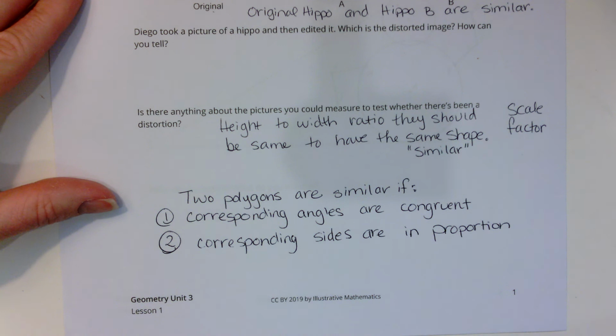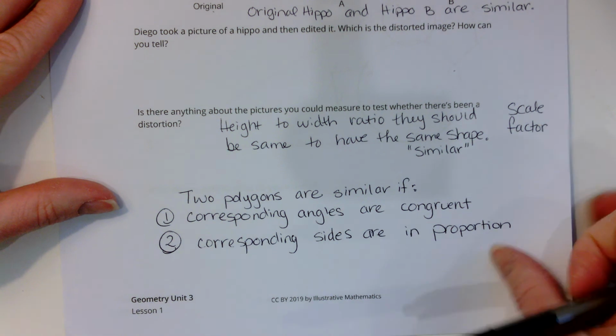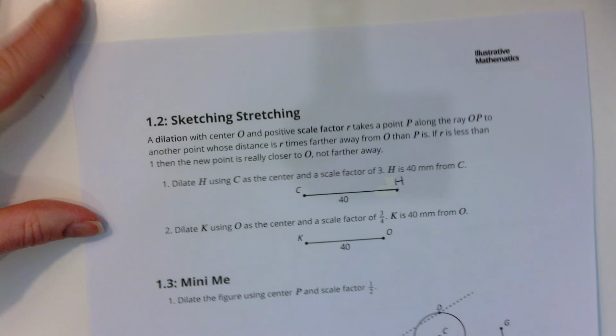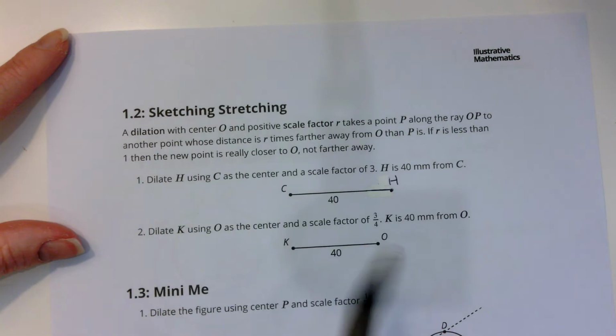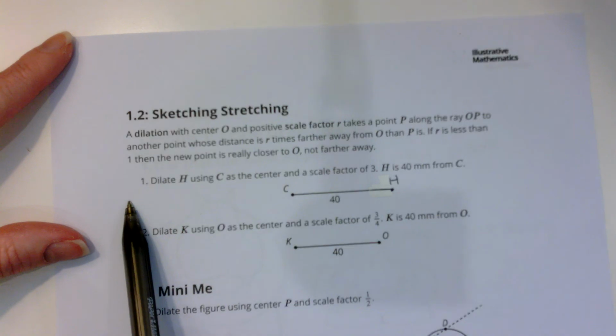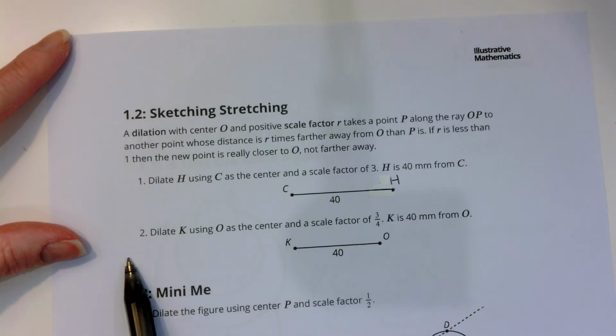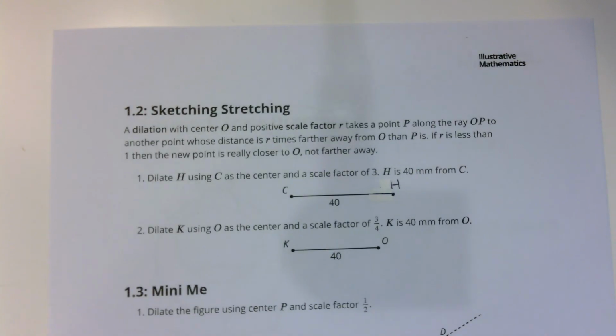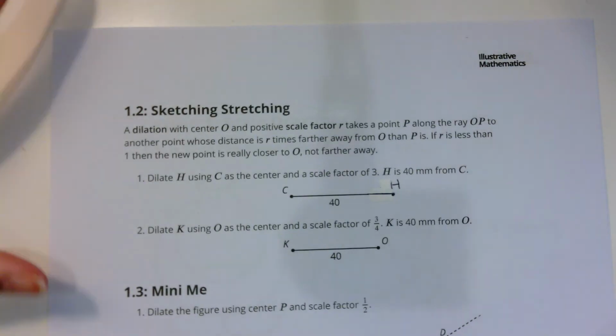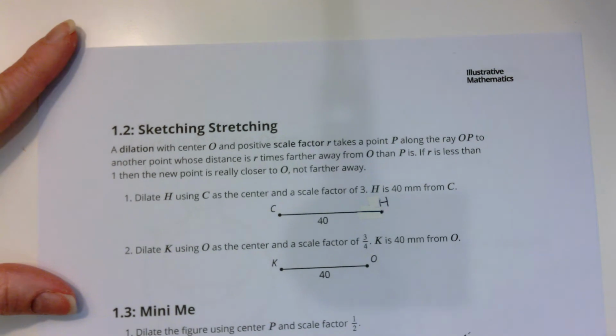So let's turn to page 310. Again, I'm using a similar page. It's not identical, but I believe the only difference here is that your CH is more to the left and your KO is also more to the left. Other than that, our pages are the same. I want to do a few notes about scale factor first.